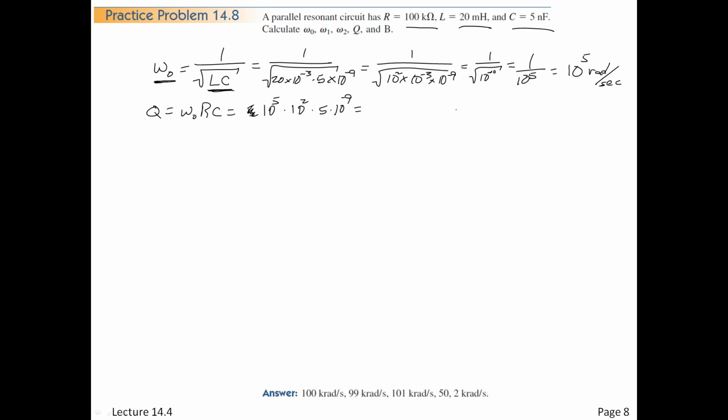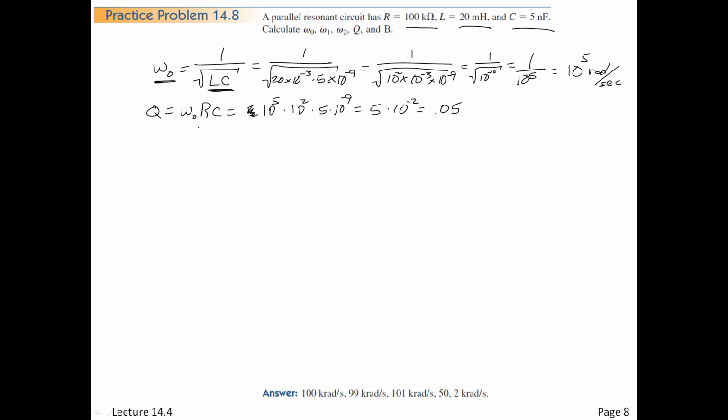We've got plus 5 plus 2 is plus 7, minus 9. So this looks like 5 times 10 to the minus 2. So what is that? That's 0.05.